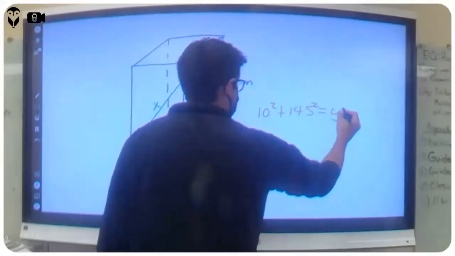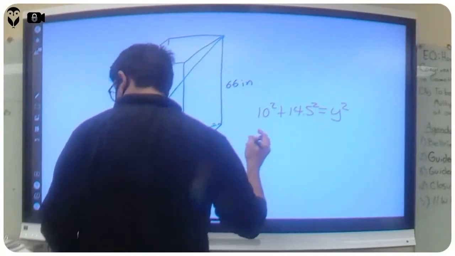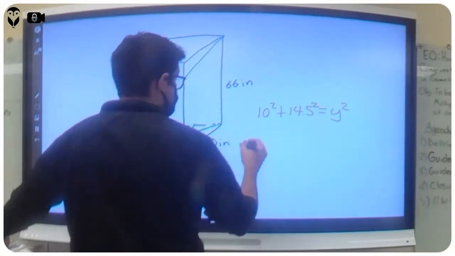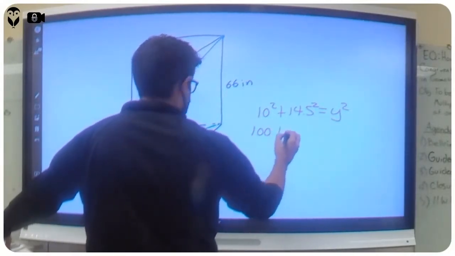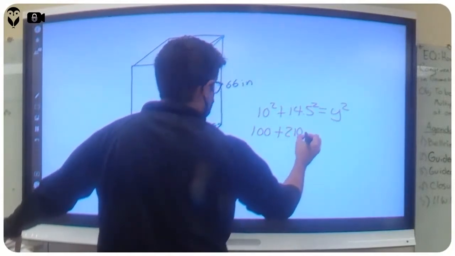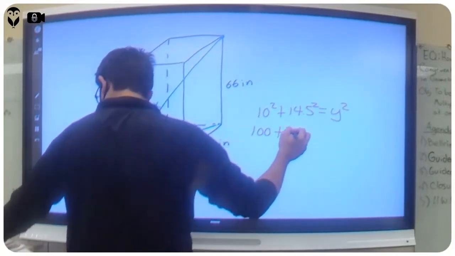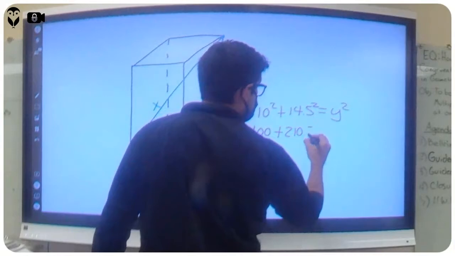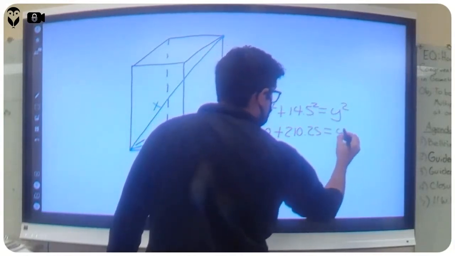equals y squared. So this is going to be 100 plus 210.25 equals y squared.